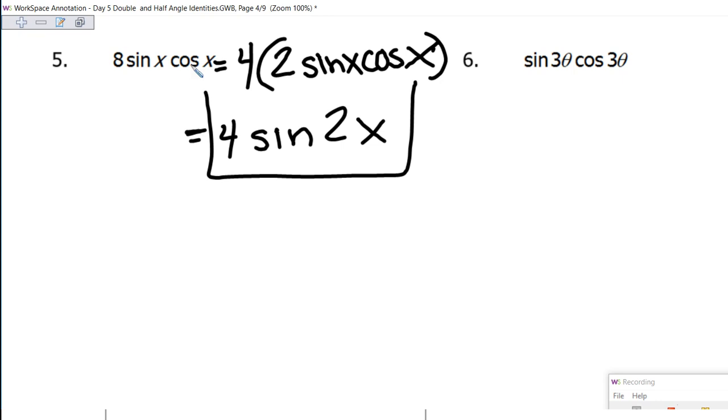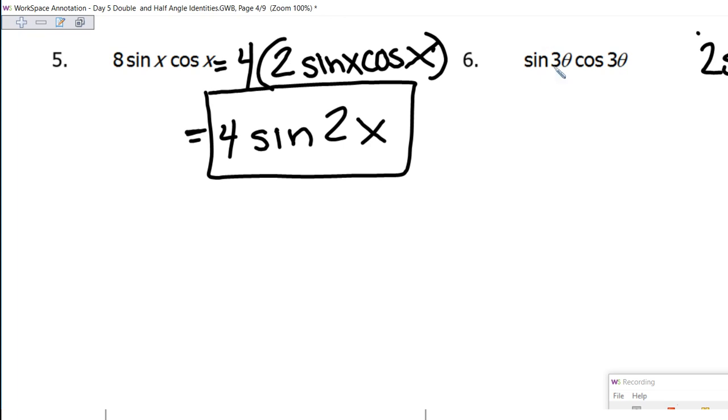Next one, number 6. We have sine of 3 theta, cosine of 3 theta. Now, which one is that closest to looking like? Sine of 2a. And for sine of 2a, they should have used 2 sine of 3 theta, cosine of 3 theta.